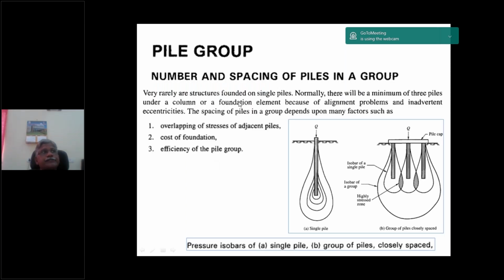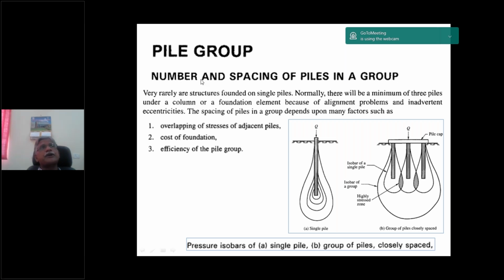So with that, we discussed how to estimate the load carrying capacity of piles for different cases and different types of soils like sand and clay soils, and for different installations of piles like driven piles and bored piles.